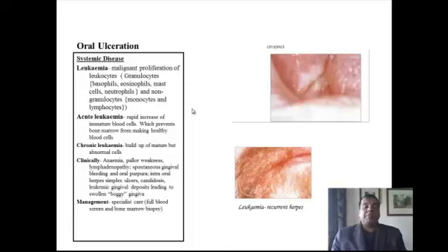Clinically you may get anemia, pallor, weakness, lymphadenopathy, spontaneous gingival bleeding, and oral purpura, intraoral herpes simplex ulcers, candidosis, and leukemic gingival deposits leading to swollen, boggy gingiva. Management requires specialist care, a full blood screen and a bone marrow biopsy. These clinical photographs show some clinical examples of leukemic lesions.